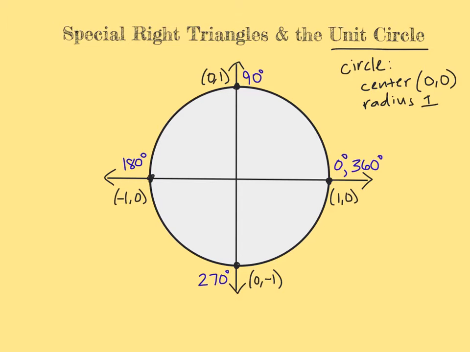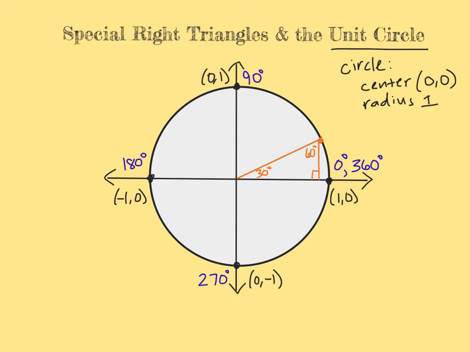So if we go out 45 degrees from here, what we can do is plot that point and then drop it straight down, and we see what we've created is a 45, 45, 90-degree triangle. That's one of the 2 types of special right triangles. What about if we go out 30 degrees? We can plot that point, drop a perpendicular, and we've created a 30, 60, 90-degree triangle.